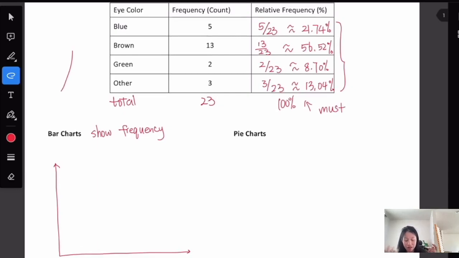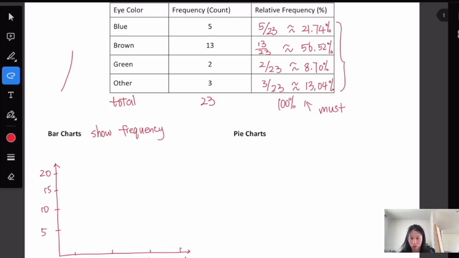In this case, we have blue, brown, green, and other. And the y-axis, which is the vertical axis, is a numerical scale that represents the quantities or the frequencies associated with each category. In this case, we can start with 5, 10, 15, and 20.